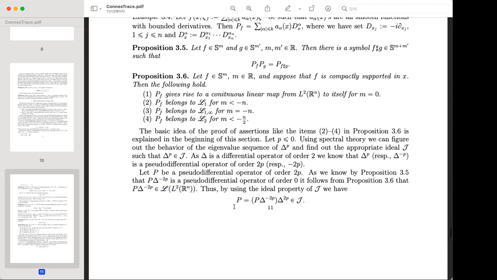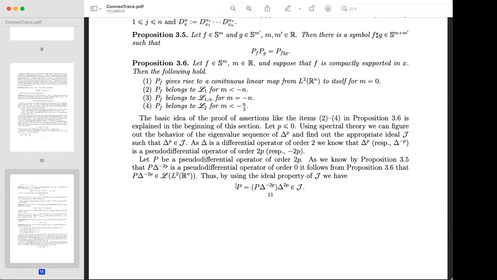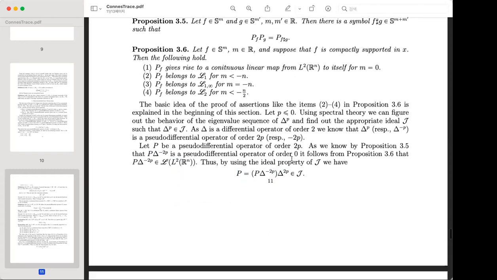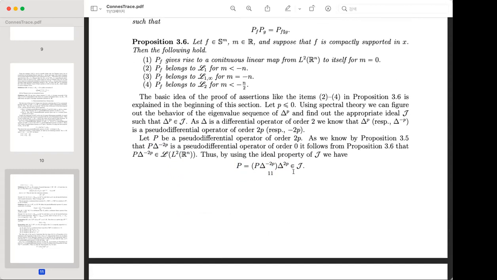At least formally you can also see this formula.